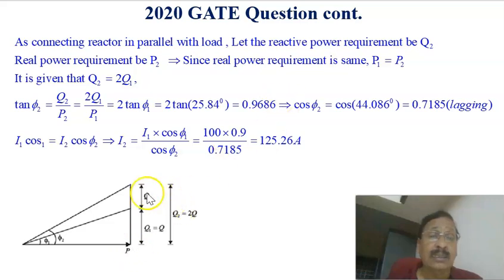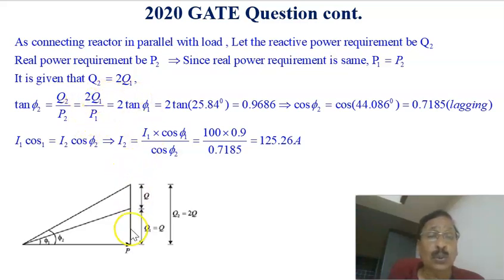But the reactive power requirement is increased, just double the previous value. Therefore, in the second case the total reactive power is equal to 2 times Q1. Now, the power factor angle is phi 2, so tan phi 2 equals Q2 divided by P2, or P1, both are the same.